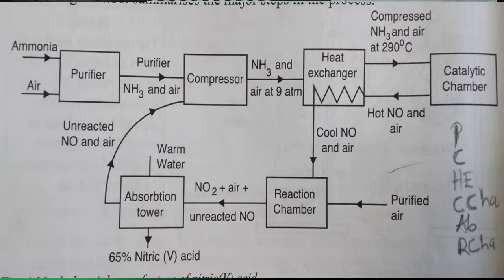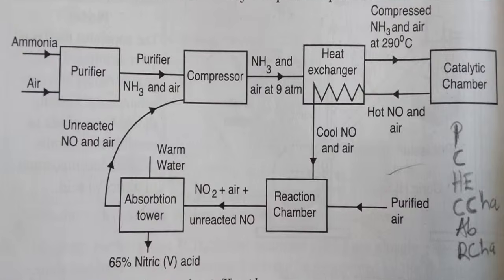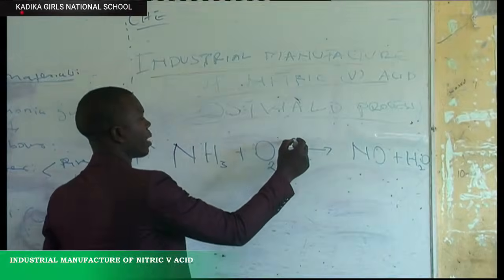In the catalytic chamber, ammonia gas is going to react with oxygen to form nitrogen (II) oxide plus water. Balancing the equation is simple. I always tell my students that this equation relates to the formation of nitrogen (II) oxide in the catalytic chamber in the presence of a platinum-rhodium catalyst.